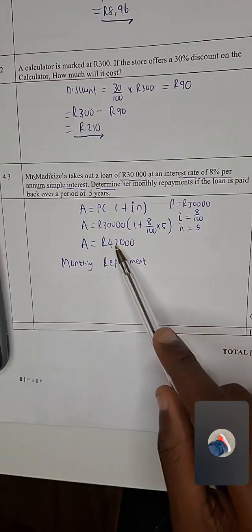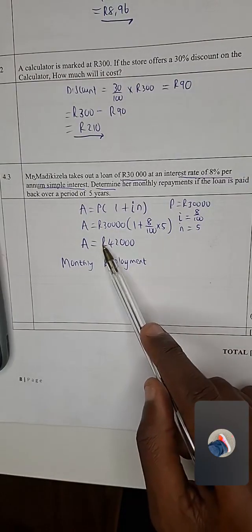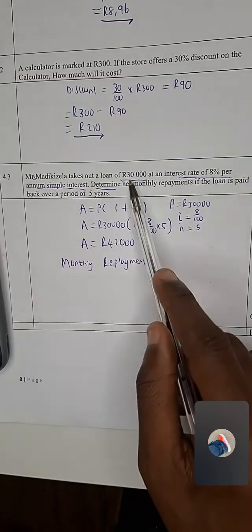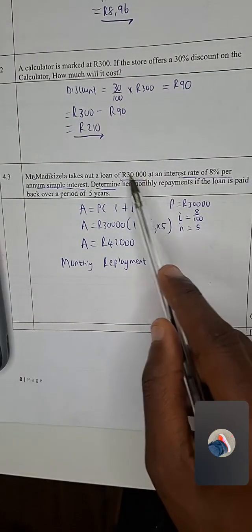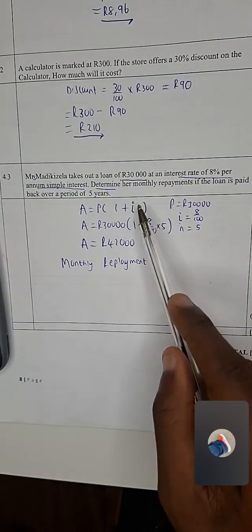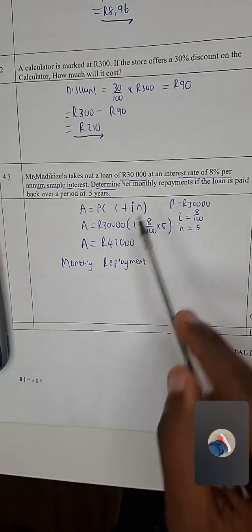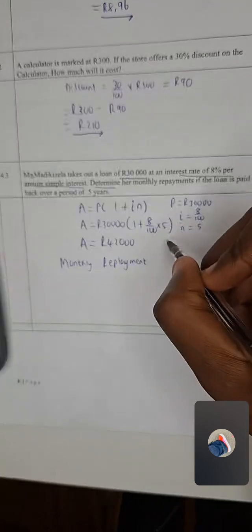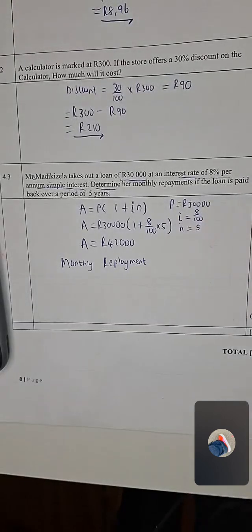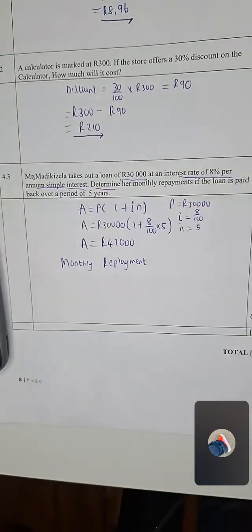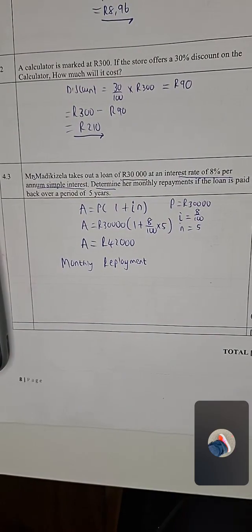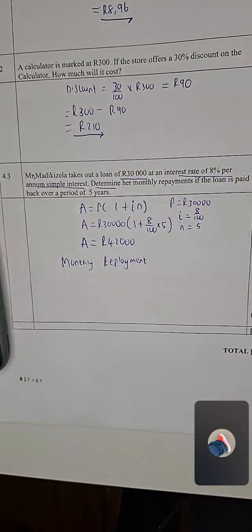Okay, so if it is 42,000 in total, she has taken 30,000 rand. Then when you said I must say 42,000 minus 30,000, that reveals how much interest the bank is going to be paid by Ms. Madikizela, additional to the loan amount that she took out.